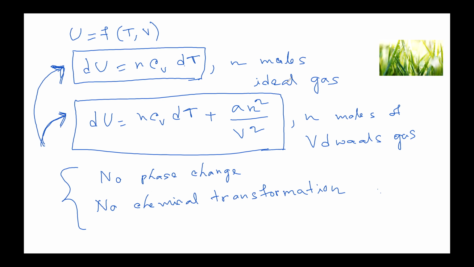Now let me quickly switch to the mathematical formulation of the first law. I derived the first law in my very first lecture, so I will not derive it here. I will just write the expression I have already derived.